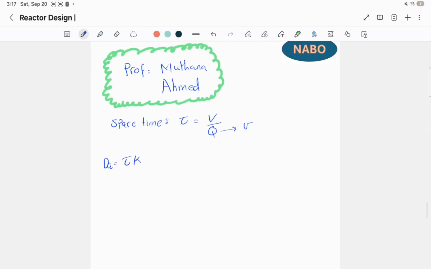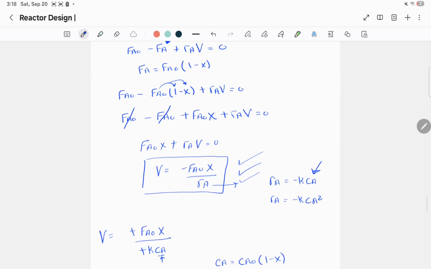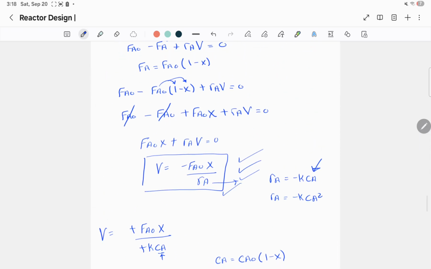So to start off with the derivation of the Damkohler number, we'll use the space-time. Let's assume for our example a CSTR reactor. In the previous video titled conversion in CSTR, we found the volume of a CSTR in terms of conversion to equal negative FA naught times X divided by the rate of reaction, which is in the previous notes, this one right here.